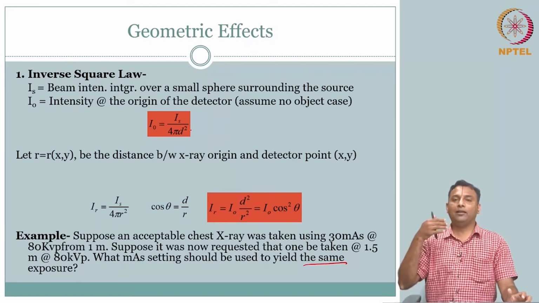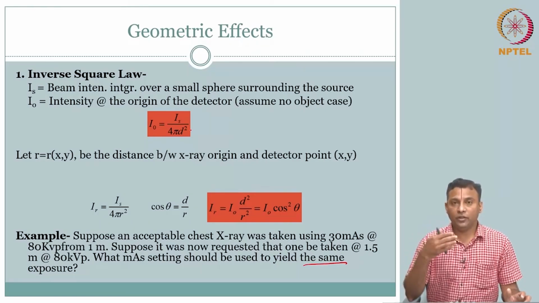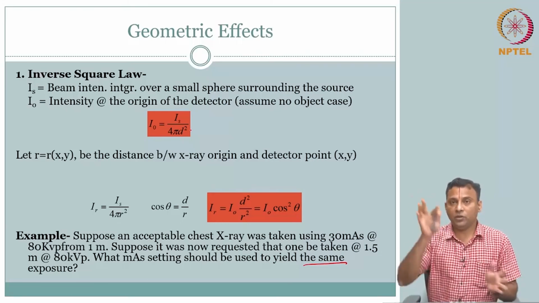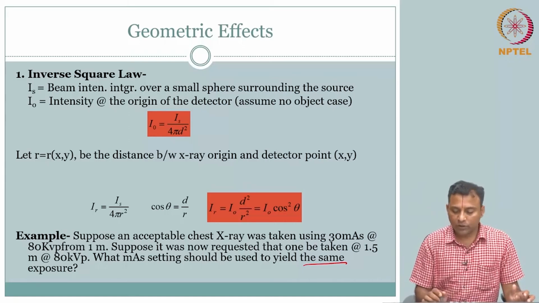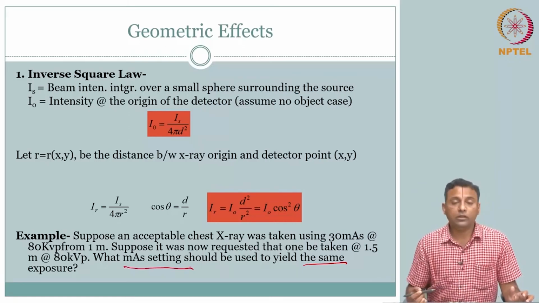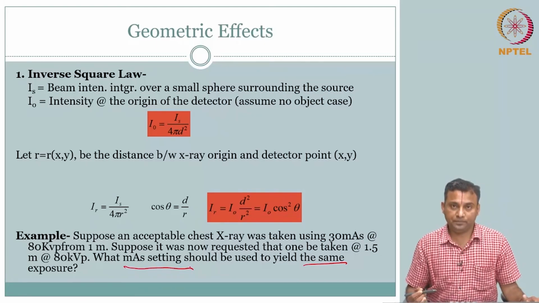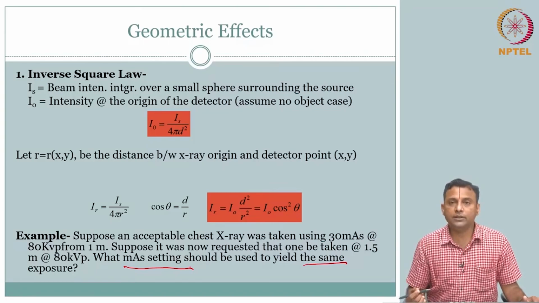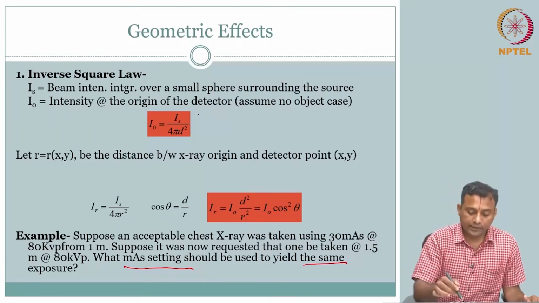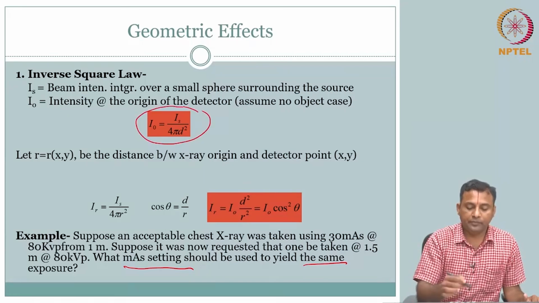If he is moving back, away from the source, you have to increase because it is now diverged. So the question is, if he is moving, what is the MAS setting to yield the same exposure? Okay, how do you approach this? Well, it's the same law that you need to use.